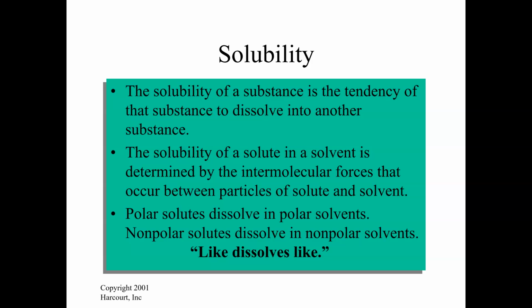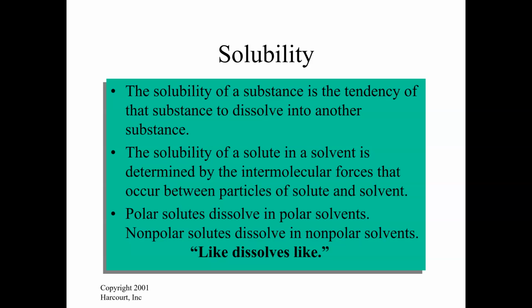So polar things like sodium chloride will break apart into pieces and dissociate in water, because sodium chloride is ionic and it has charges on those ions, and the water is very polar. It's got a partially negative side and a partially positive side. So the ionic compound will dissociate into the water.